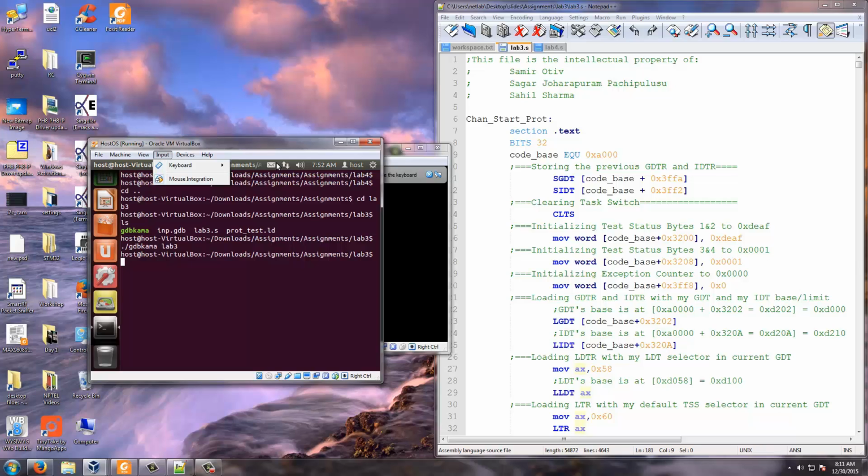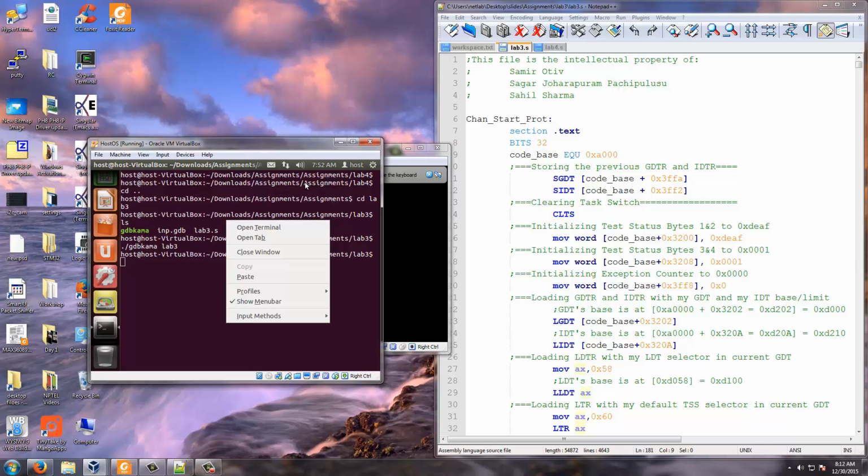Inside this, we'll create a new tab here.